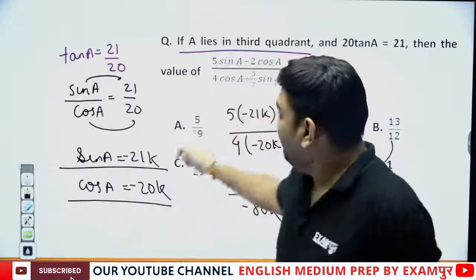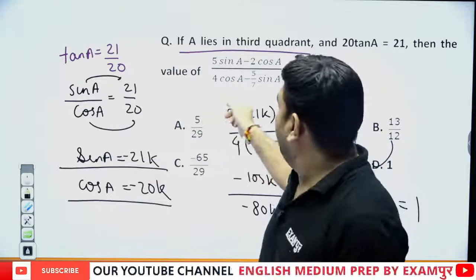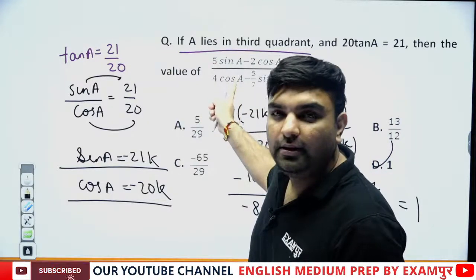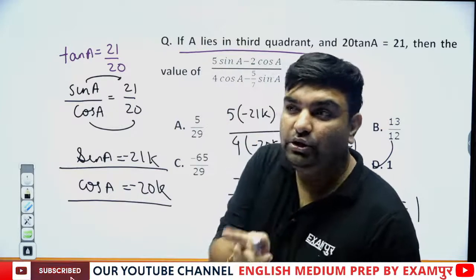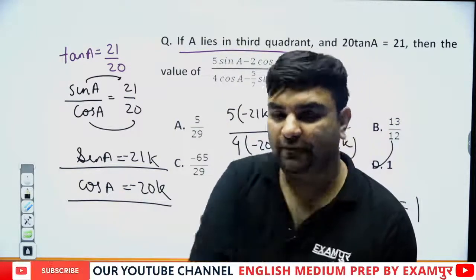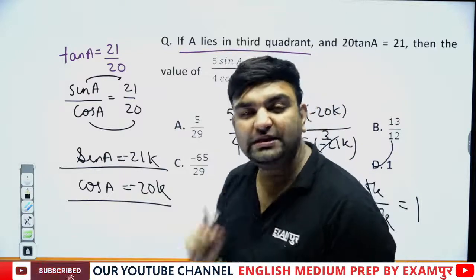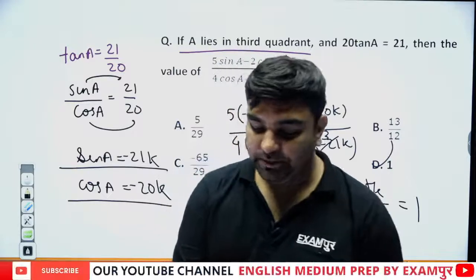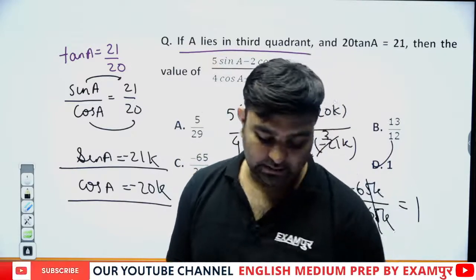If I had made this question, I would definitely have kept tan A at one place. So the value of tan you need to put positive and the value of sine and cos you need to put negative. 99% of the students would have made the error back then.